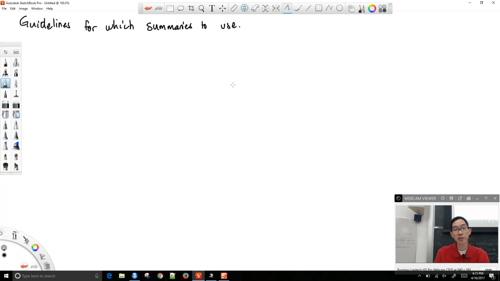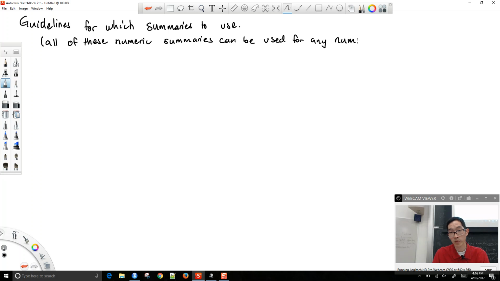Okay, and these are just guidelines because the truth is, all of these numeric summaries can be used for any numeric data set.